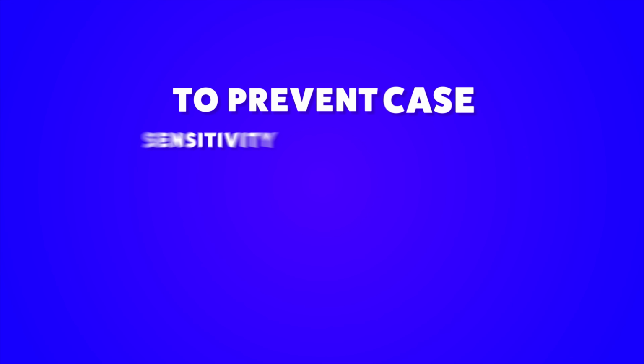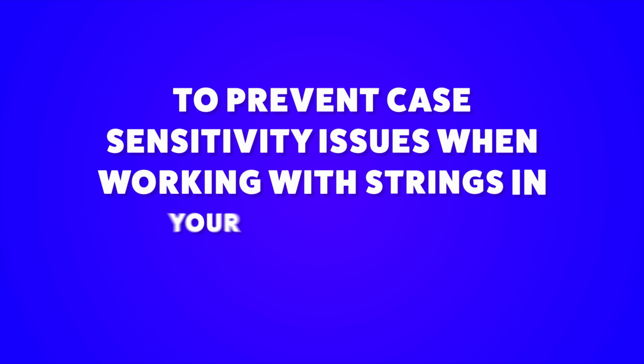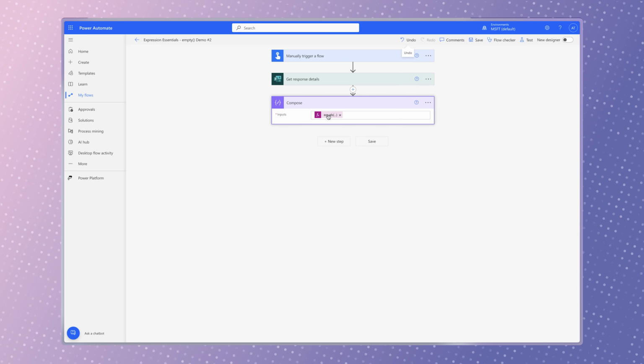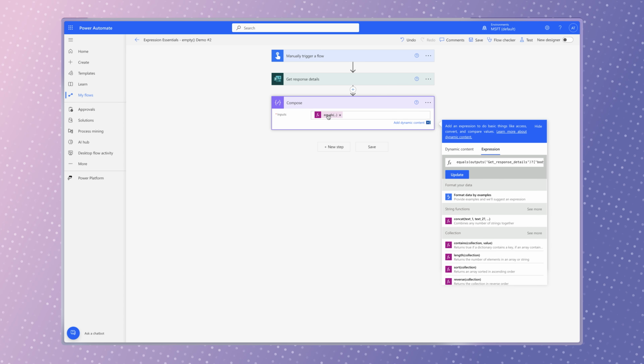To prevent case sensitivity issues when working with strings in your expressions, always convert the strings to lowercase with the toLower function. I'll edit this expression and wrap the dynamic content from the form in the toLower function.